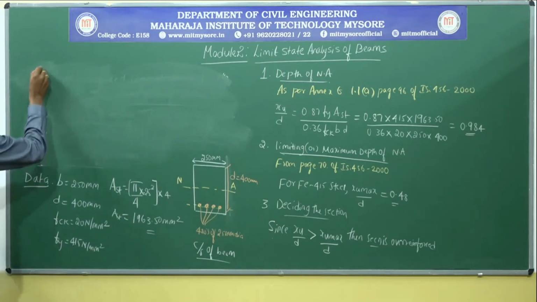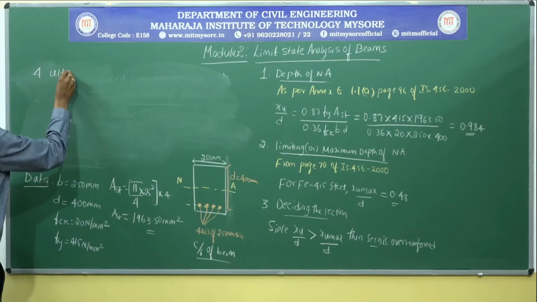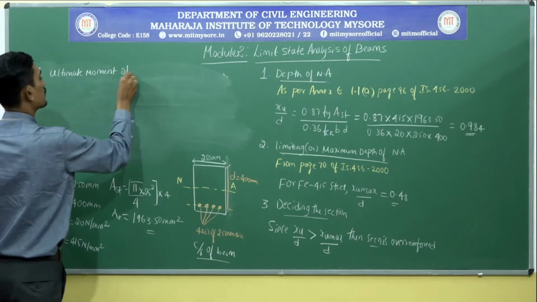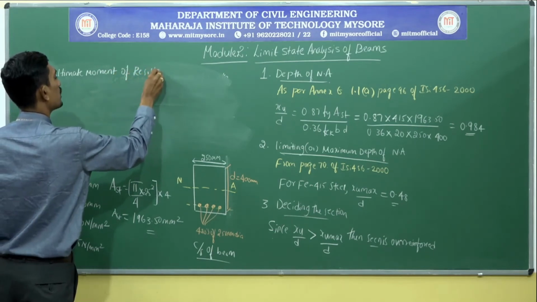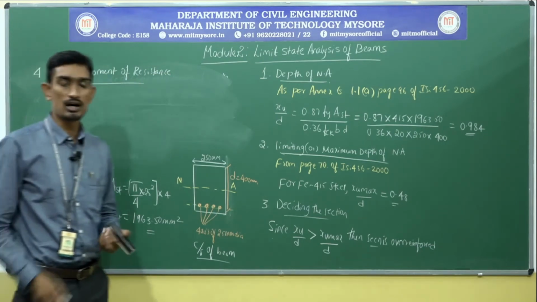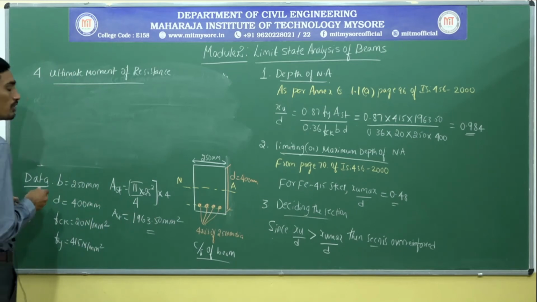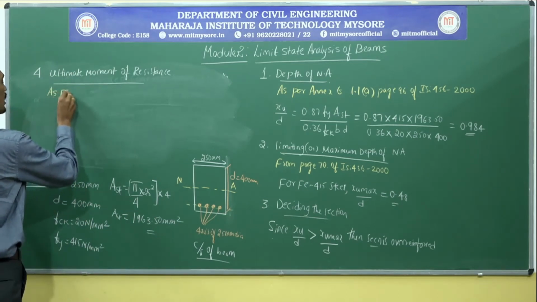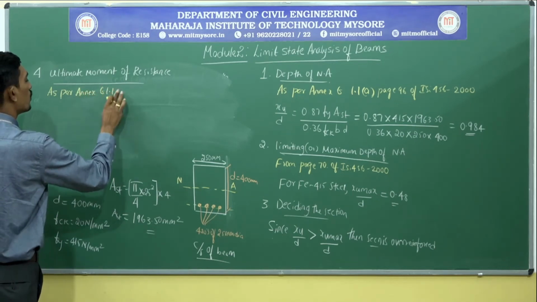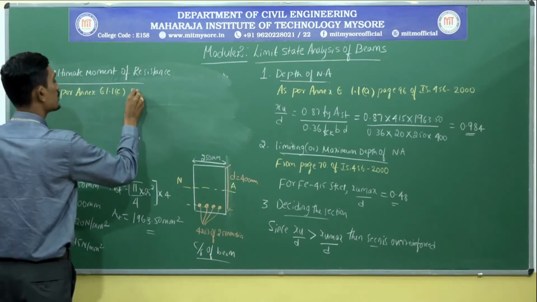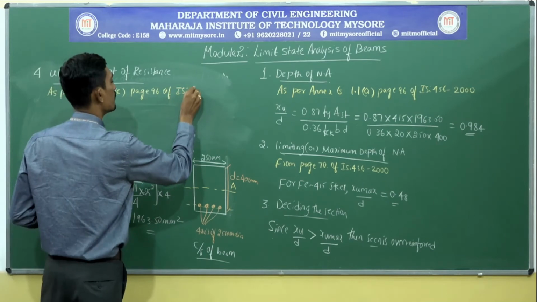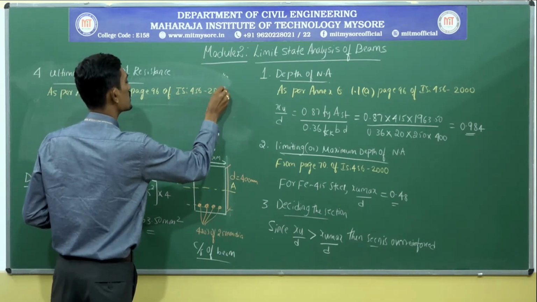Step number 4, ultimate moment of resistance. The ultimate moment of resistance for an over reinforced section will be given as per annex G 1.1 C, page 96 of IS 456 2000.